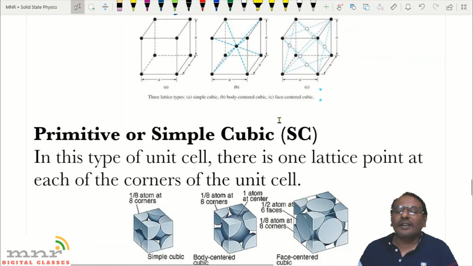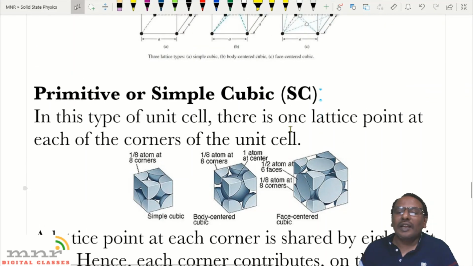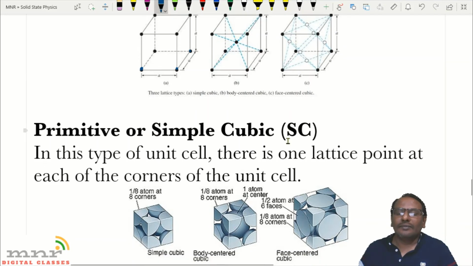Now let us consider a simple cubic crystal. In this type of unit cell, the lattice points are present only at the 8 corners of the unit cell, as shown in the figure.